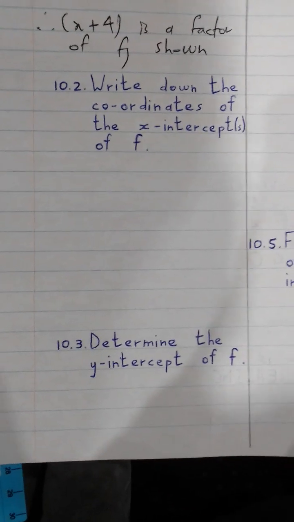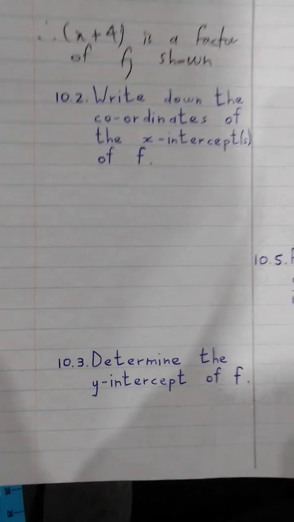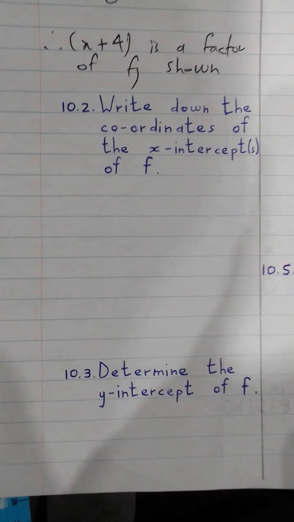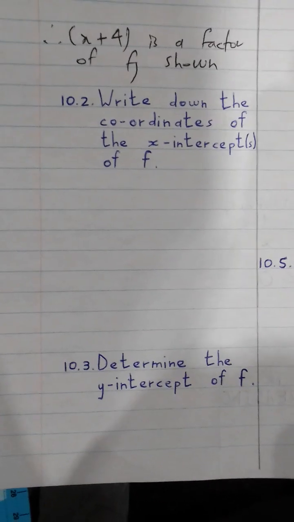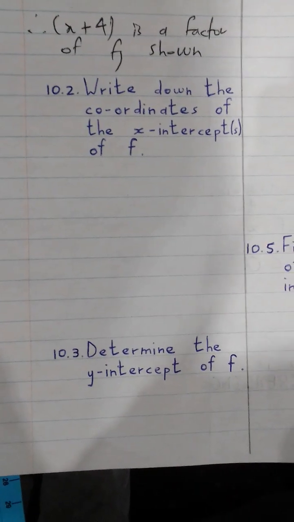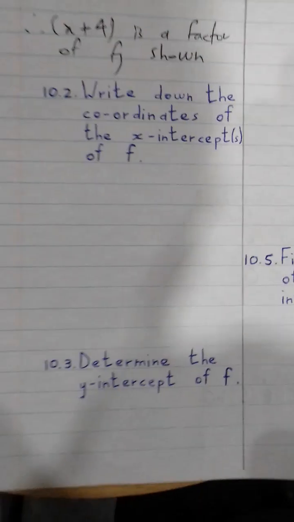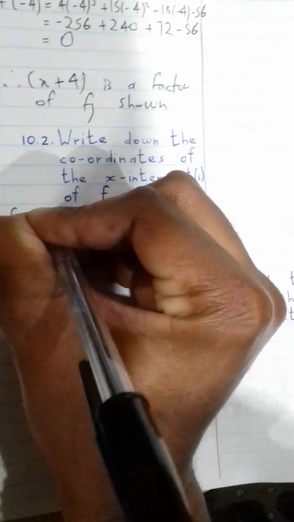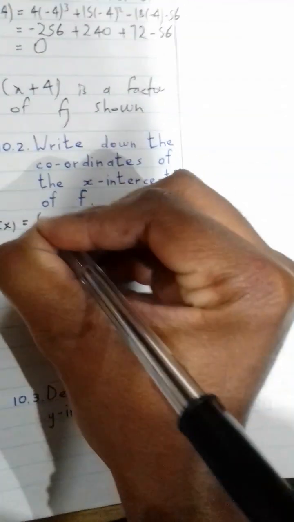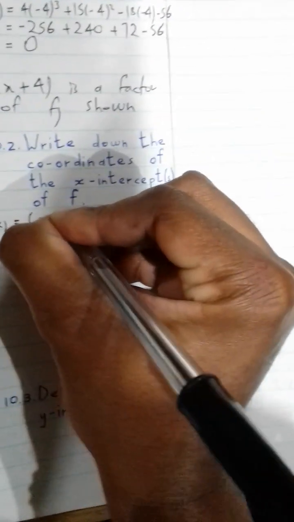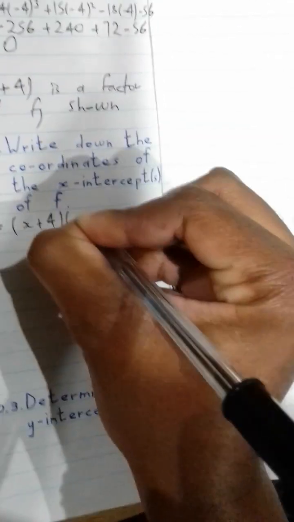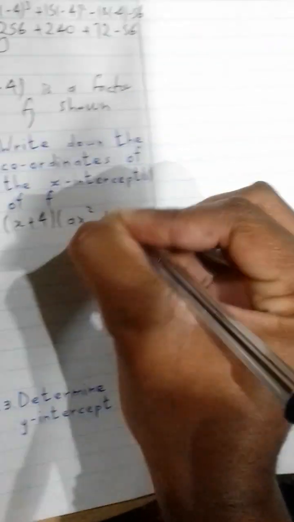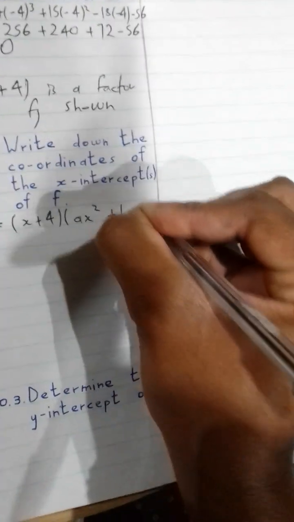10.2 states, write down the coordinates of the x-intercept or x-intercepts of f. So for 10.2, f of x is equal to x plus 4 times (ax squared plus bx plus c).